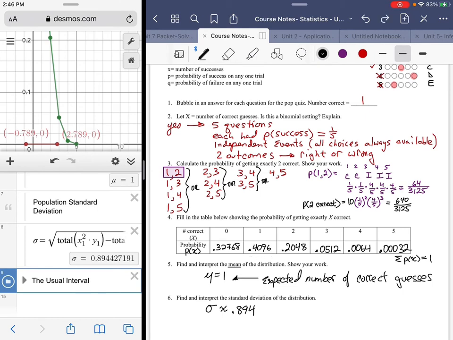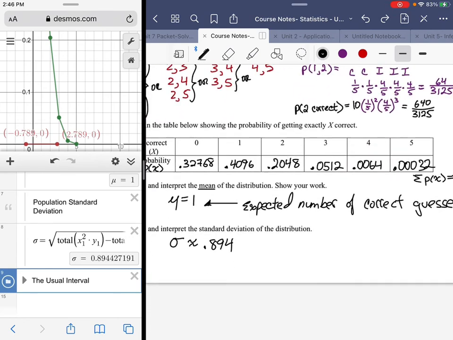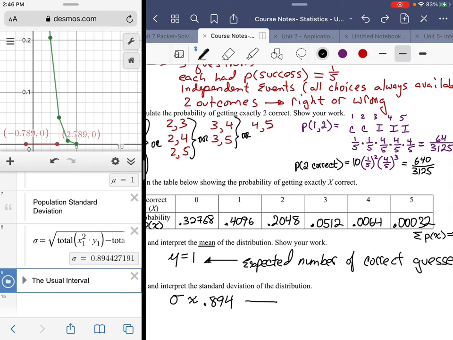All right, and that's consistent with the one that has the largest probability, so that kind of feels right. All right, so this sigma value represents the average displacement. It's the spread of the data set, but it's the average displacement from the mean.